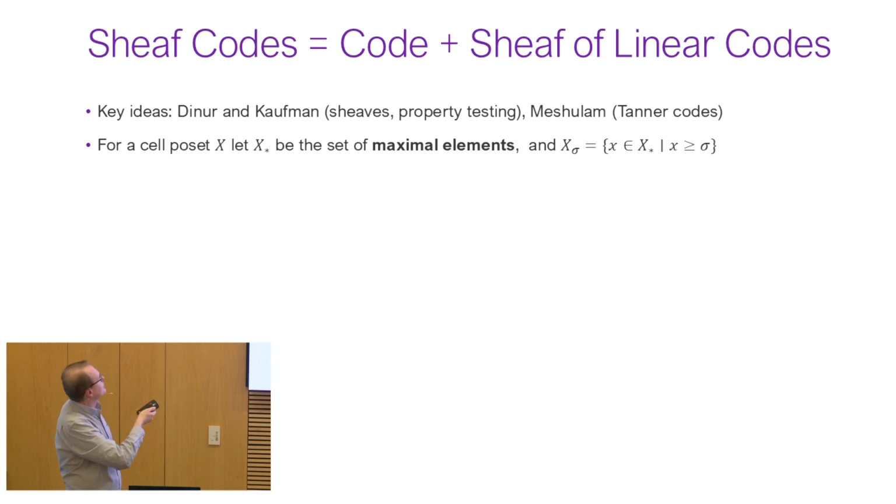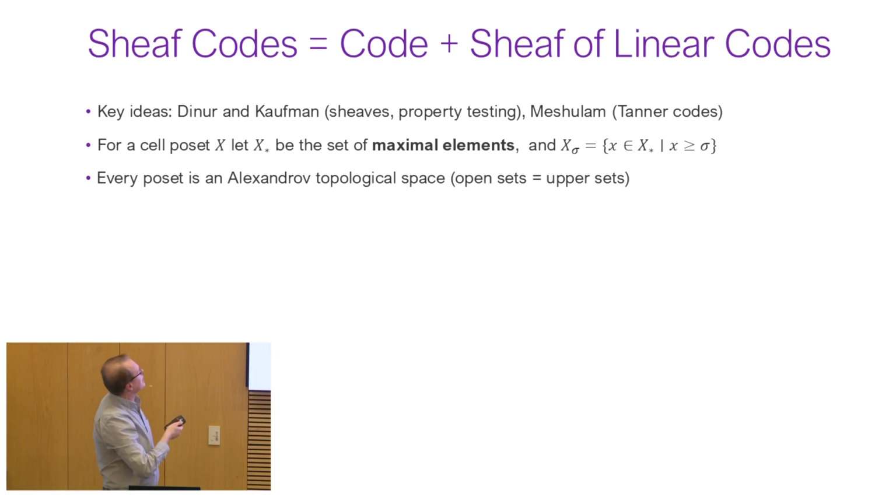So what is a sheaf code? If you have some cell poset, for example a simplicial or cubical complex, you can consider its cell poset. Here is the set of maximal elements, and here are the maximal cells that contain some particular cell.